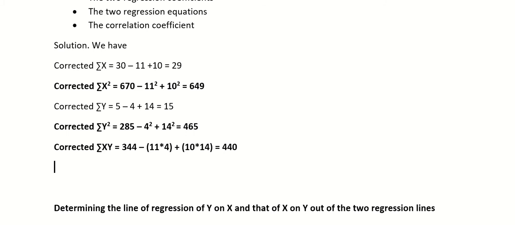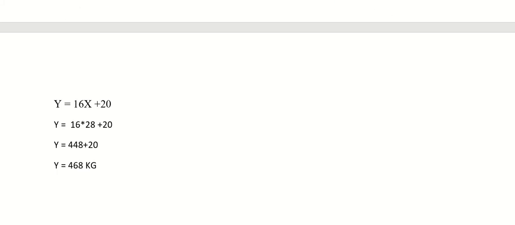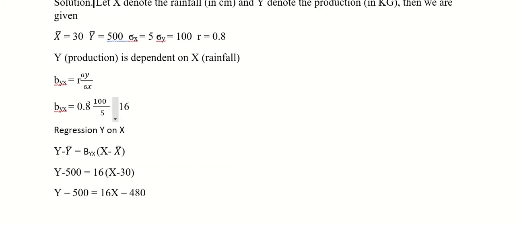Now we have calculated all the correct values, and now we will calculate the corrected mean of x and y. First, the corrected mean of x. I'll just copy paste the formula for mean.